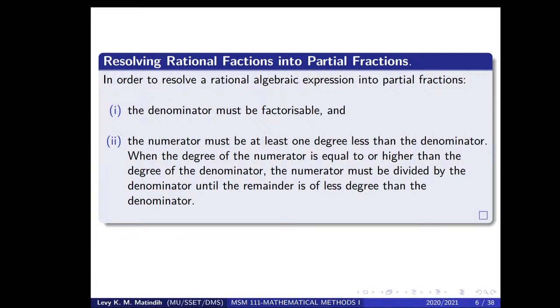One, the denominator must be factorizable. If the denominator is non-factorizable, then you can't convert the given rational function into partial fractions. The second point to note is that the numerator must be at least 1 degree less than the denominator.